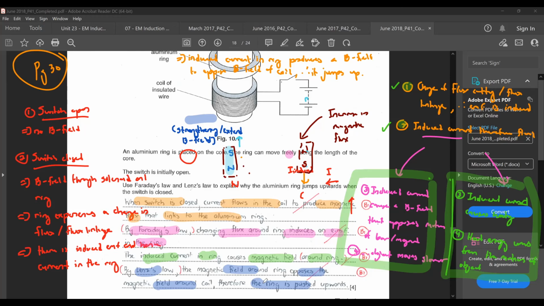So here, one thing that I mentioned just now is that most of your questions tend to have a certain pattern like this one, right? So you will notice that the first 2 points are always the same, where you're trying to explain the origin of your EMF, the origin of your induced current. And then from there, it starts to diverge.